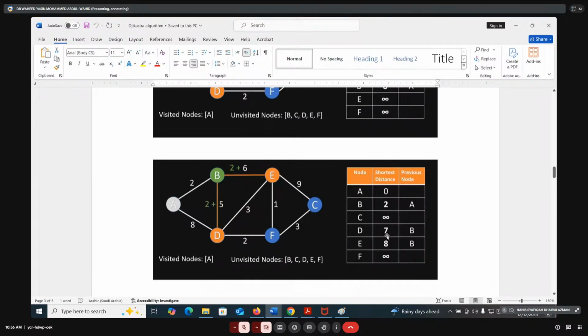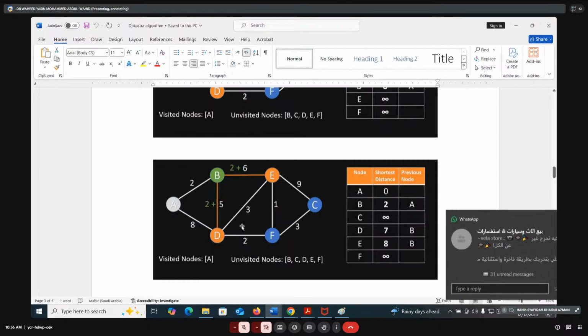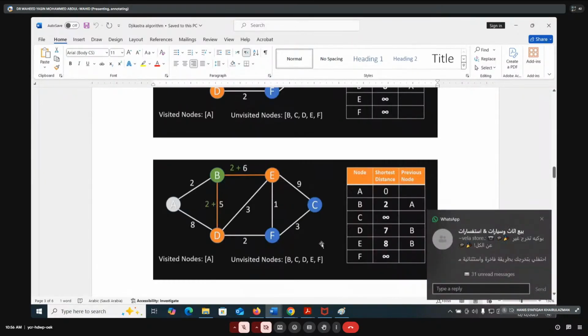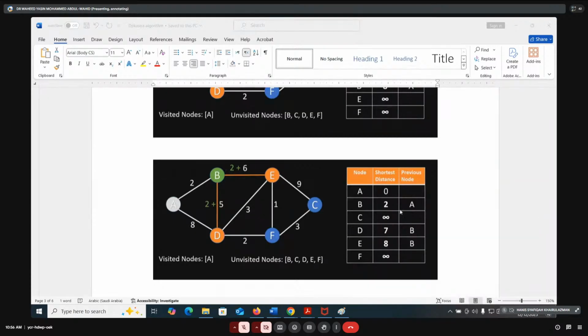Now I mark B as visited. Now I go to D. From D I have 3 to E and 2 to F. D starts with 7.